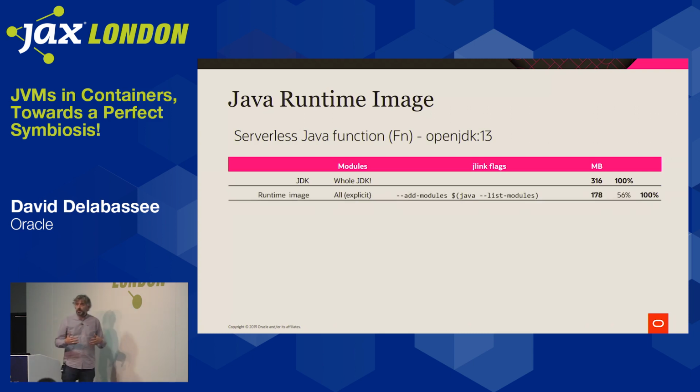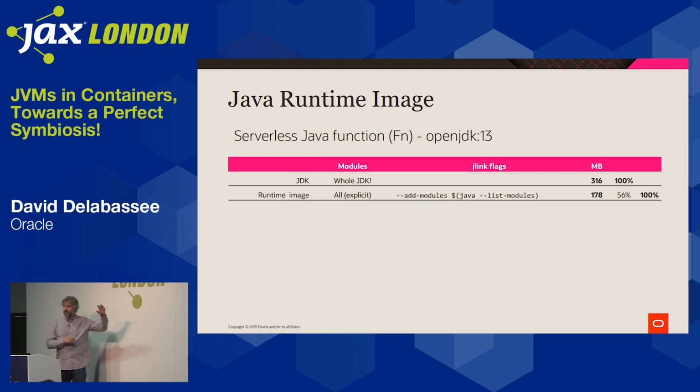What we can do is create our custom runtime image using jlink. Here I did something very stupid. I created a runtime image with all the modules. Clearly, I don't think there is any way of creating an application that uses all the modules, but this is, again, just to show some idea of the weight. A runtime image that carries all the modules of the Java platform is 168 megabytes.